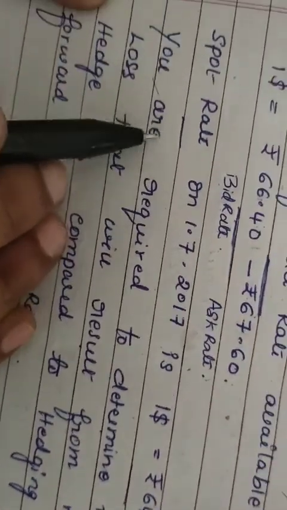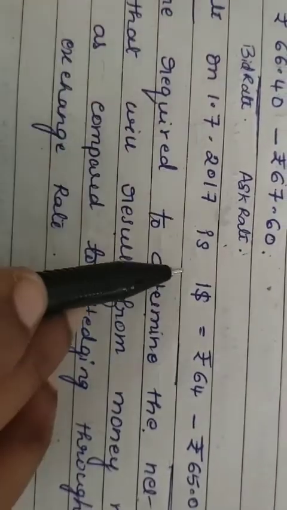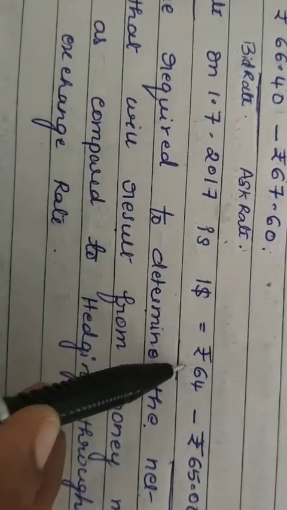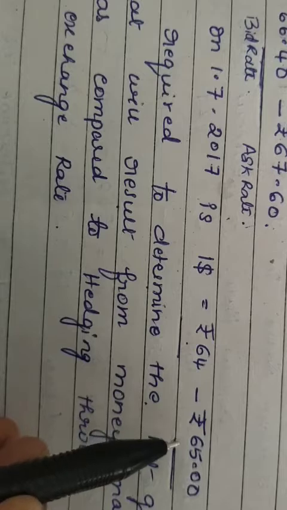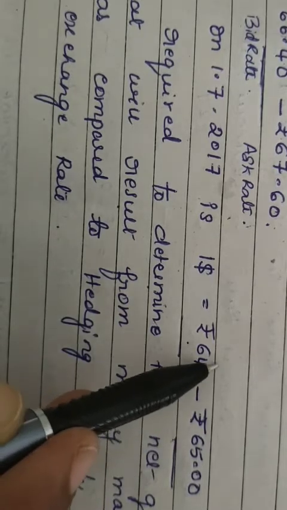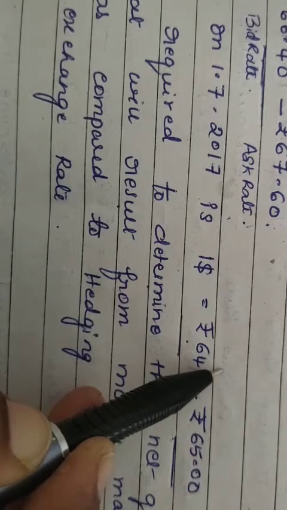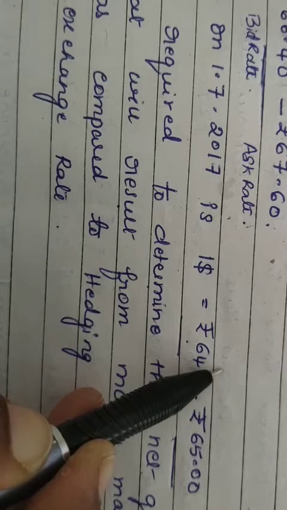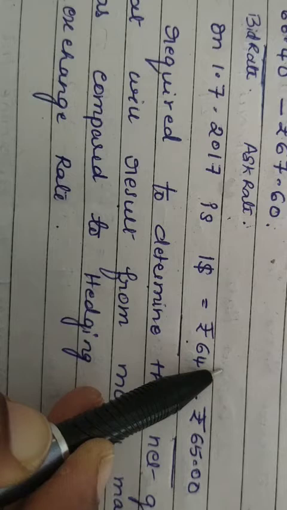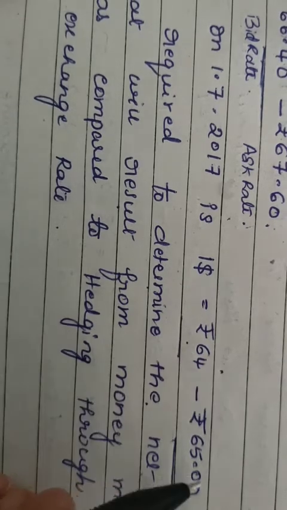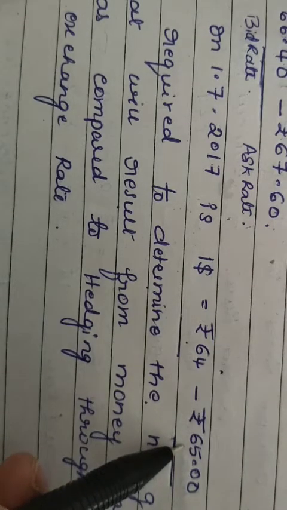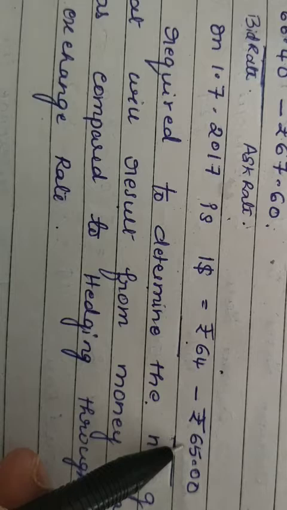We have given the spot rate of 64 to 65 rupees per dollar. So 64 is the bid rate, the rate at which the bank buys the foreign currency, and 65 is the rate at which the bank sells the foreign currency.